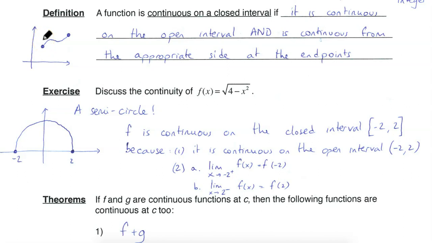So I just have to make this little exception that for a closed interval, it's going to be continuous if it's continuous on the open interval, and also for the two endpoints, we only look at one side. So for that endpoint, we just focus on the left side being continuous, and from that endpoint, we want the right side limit to approach the value.